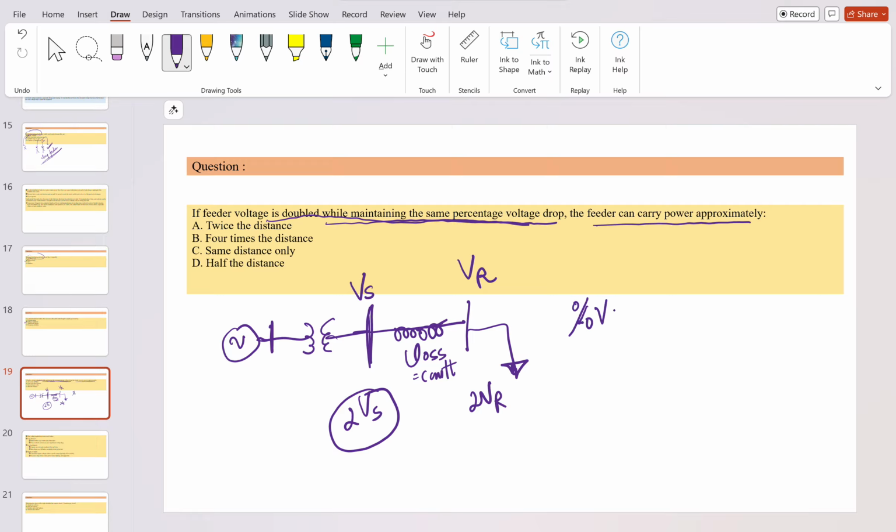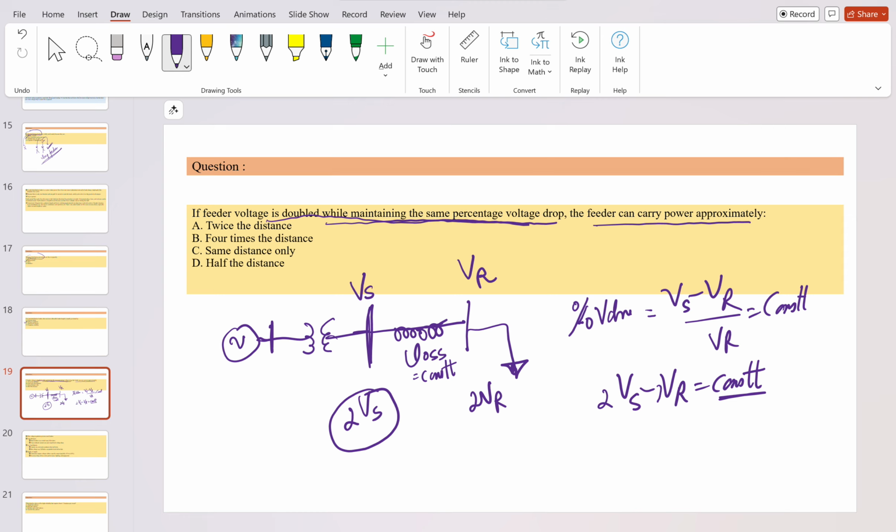So percentage voltage drop will be (Vs minus Vr) by Vr. It is saying that it is constant, which means Vs minus Vr is constant. So if you are doubling here, it will also get doubled there, so that the constant is maintained. This is what it actually means.